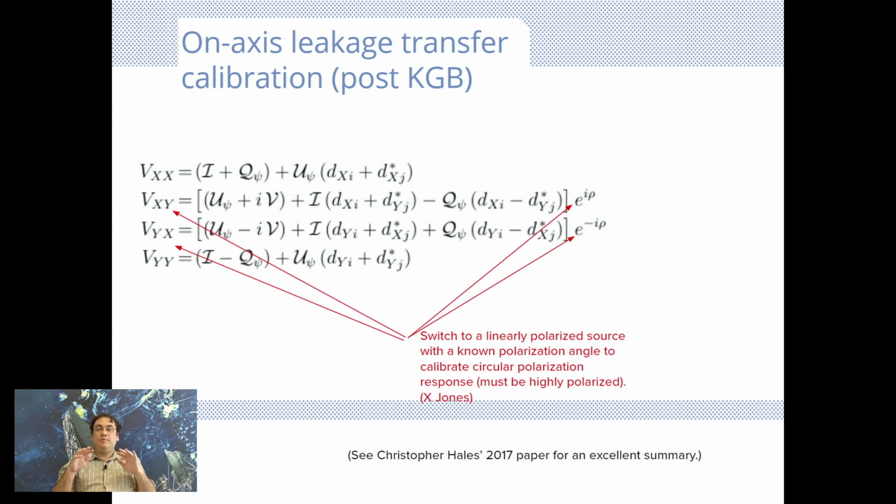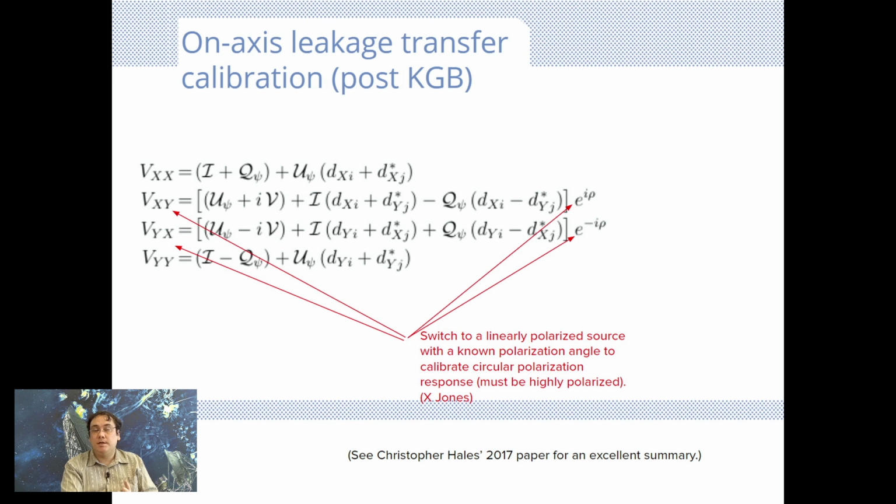Then we switch to calibrating the delay difference between these two different feeds, so the X and Y feeds, or the right-handed and left-handed circular polarization, and we solve for the cross-hand delay, what's colloquially referred to.